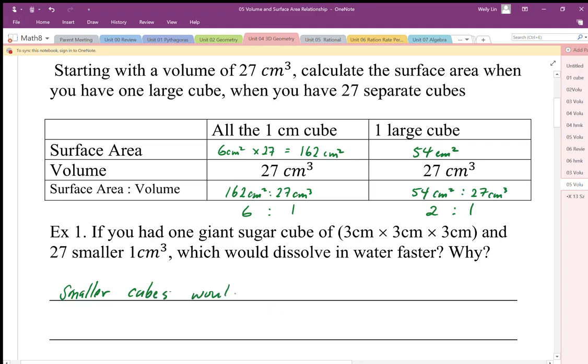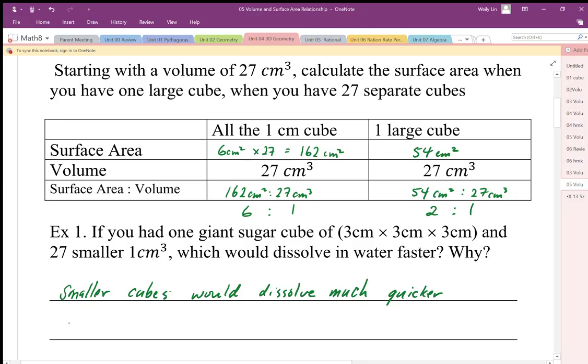And what's the reason? The reason is that there is much greater surface area contacting the water, which allows the molecules to come apart and dissolve into the water.